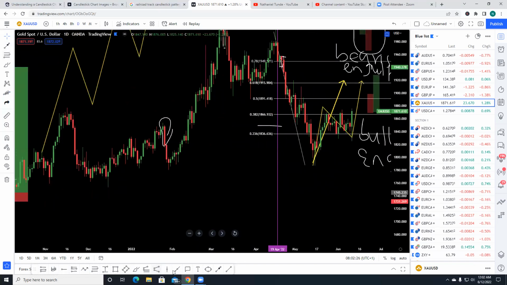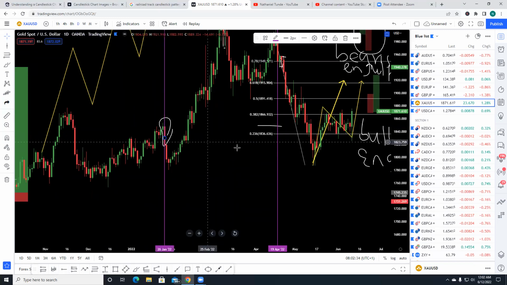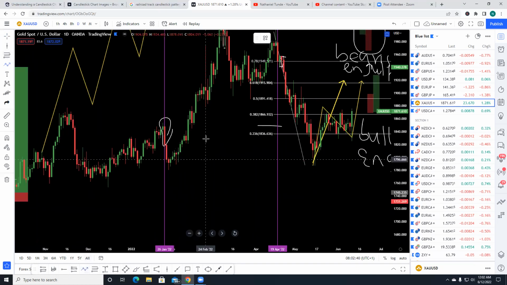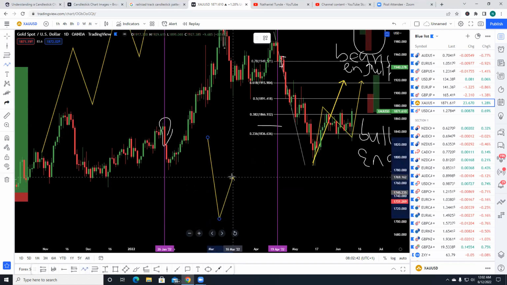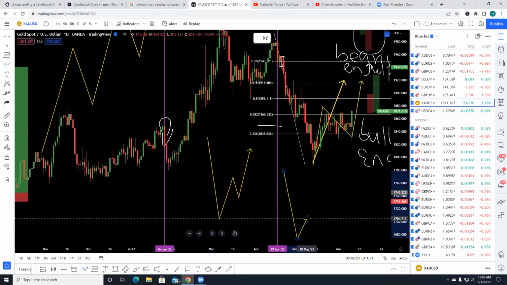We just look for a horizontal ray, put it on the daily, go back to 1 hour, look for the impulse on 1 hour, look for the correction of the 1 hour to 50 to 61.8. If it is a zigzag corrective structure like this, make sure it gets to 78. If it is a flat corrective structure, let it get to 38 to 50% retracement.